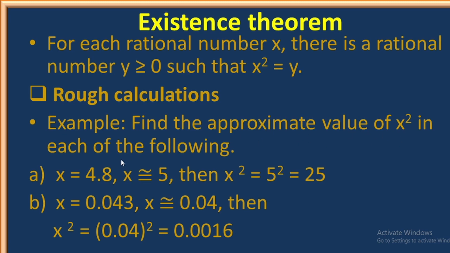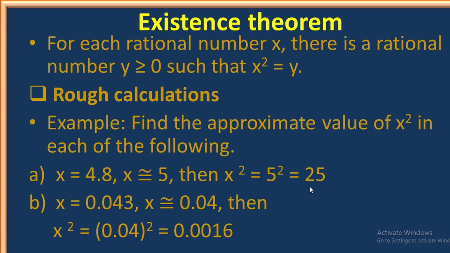To find x square, assume x is equal to 4.8, which can be rounded to 5, because the digit after the decimal point is 8, which is above half of 10. Then x square is approximately 5 square, which is 25. You can check it with a calculator: 4.8 times 4.8 is about 25.